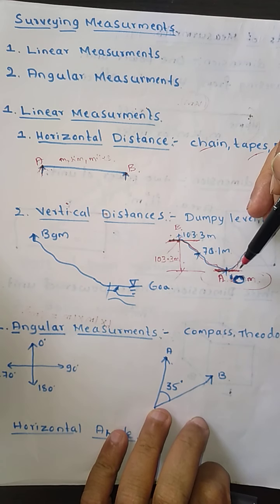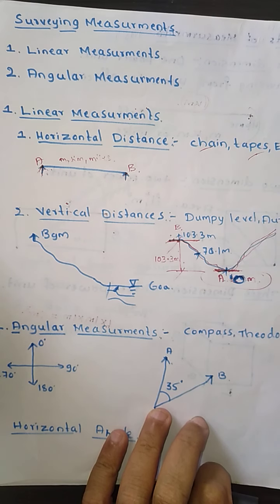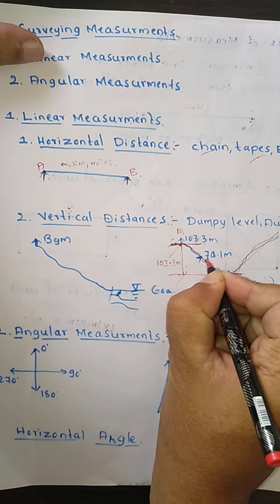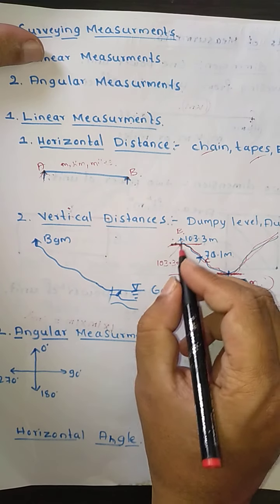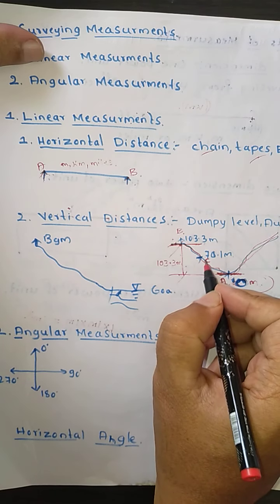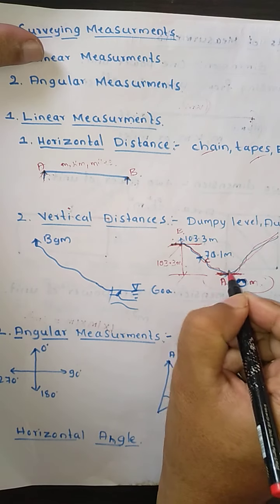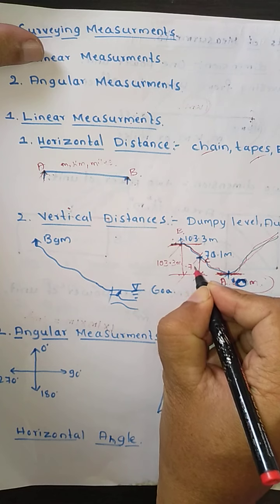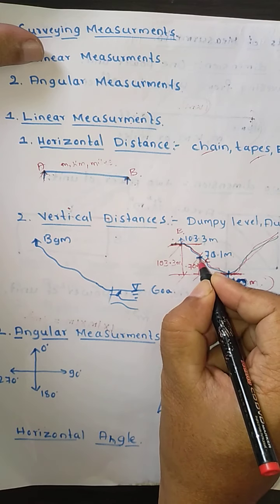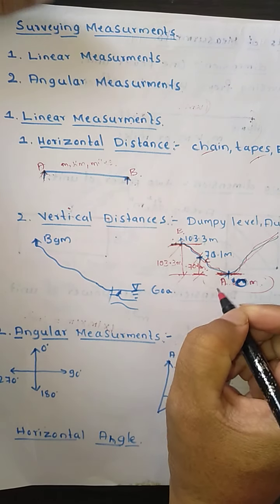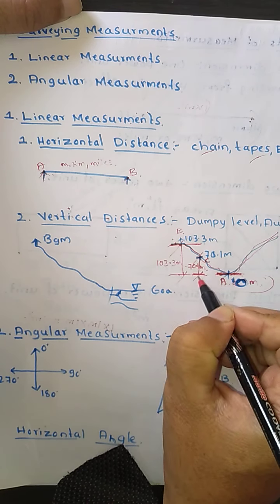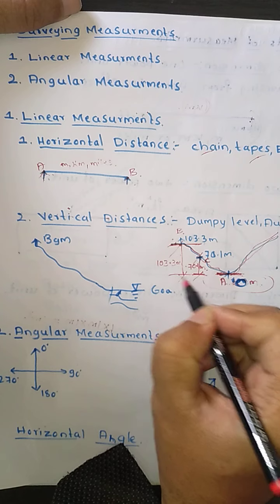Suppose you want to measure another point, called C. A is at 0 meter, B is at 103.3. Now C is present at a vertical distance of 70.1 meters. So the difference in elevation between the reference point A and the point C is 70.1.